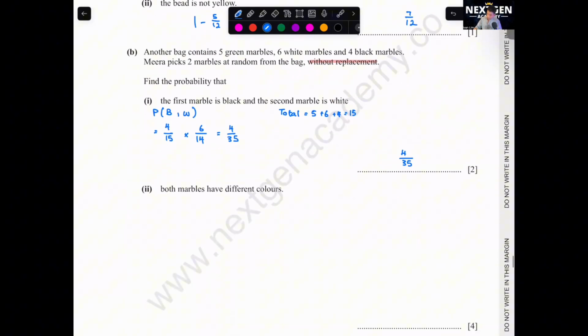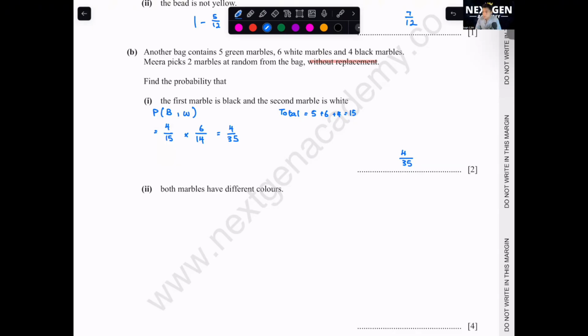Okay, next one. This is a common question. Both marbles have different colors. There's 2 approaches that y'all can solve for this question. How do y'all do this question here? Okay, got two methods.